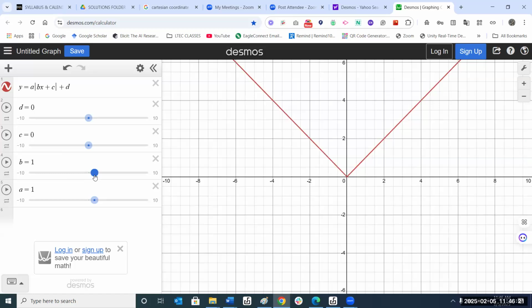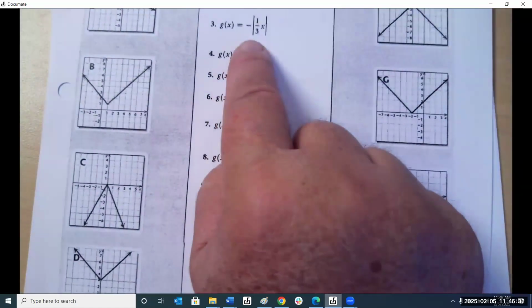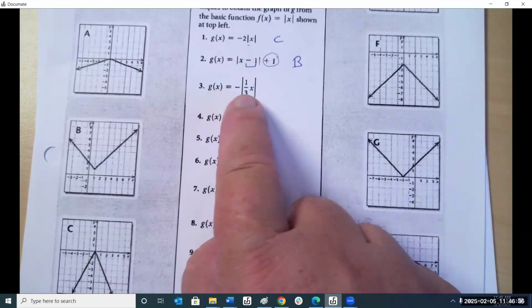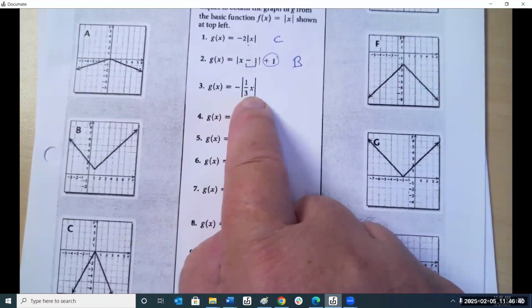So let's look at number 3. If A is -1, B is 1/3, what is C? 0, because there's no horizontal shift.